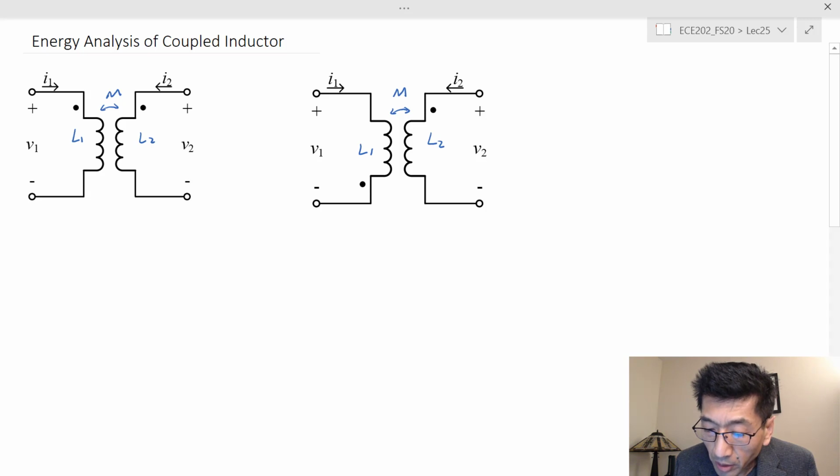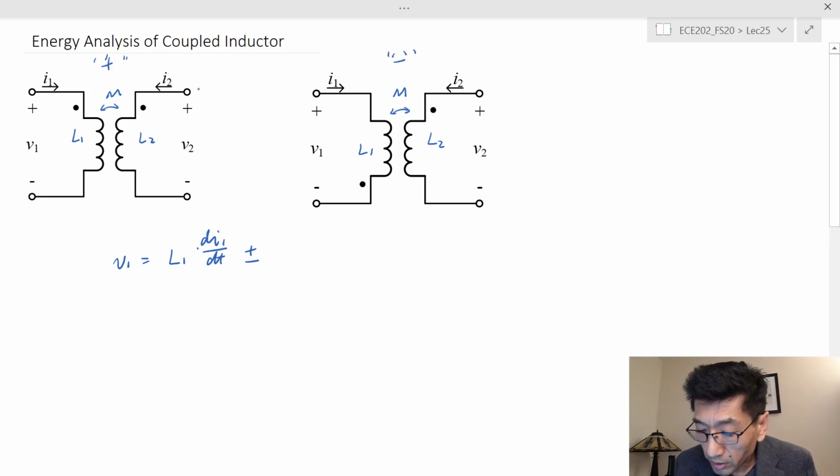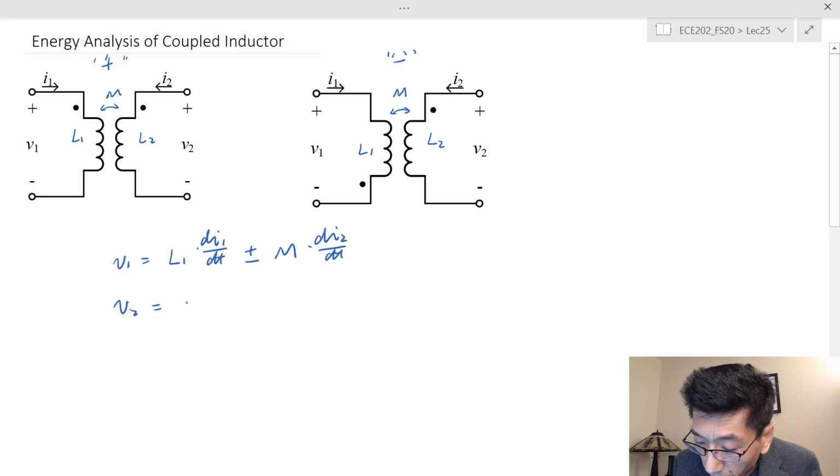And if you remember, for the first case the voltage V1 is going to be equal to L1, the self-inductance, times di1/dt, plus or minus M, the mutual inductance, times di2/dt, plus for this case and a minus for the other case, because both currents go into dotted terminals. And V2 is going to be equal to plus or minus M di1/dt plus L2 di2/dt.